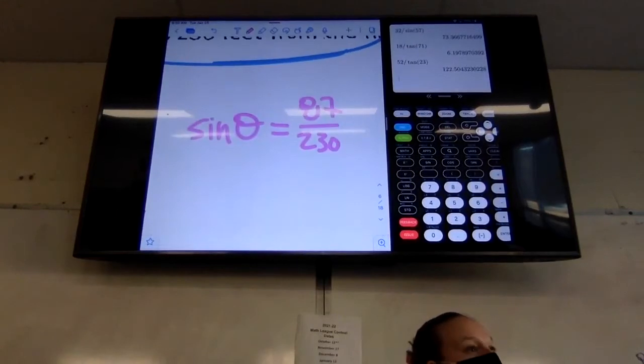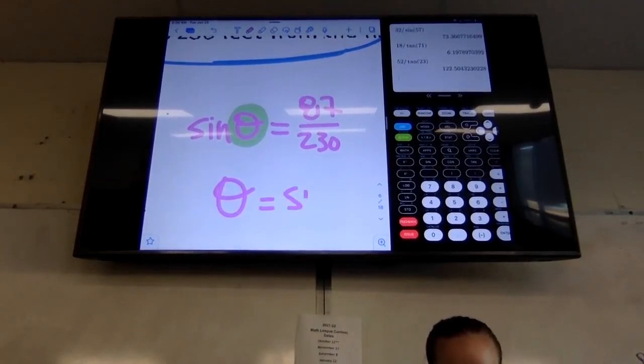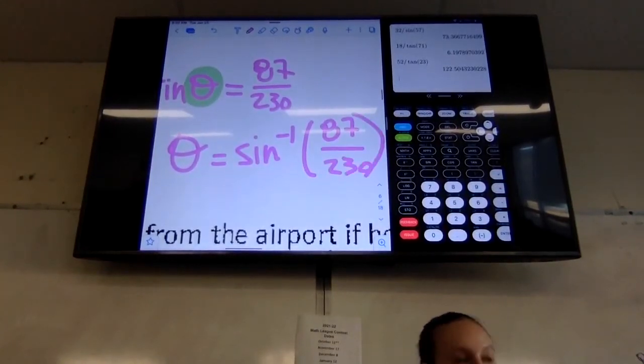Instead of trying to find the side, this is where, Hannah, remember a minute ago you said sine to the negative 1? This is where we're going to use inverse sine. Since I'm trying to find the angle, I can't do regular sine of this. We're going to do sine to the negative first, which is the inverse function of my ratio.